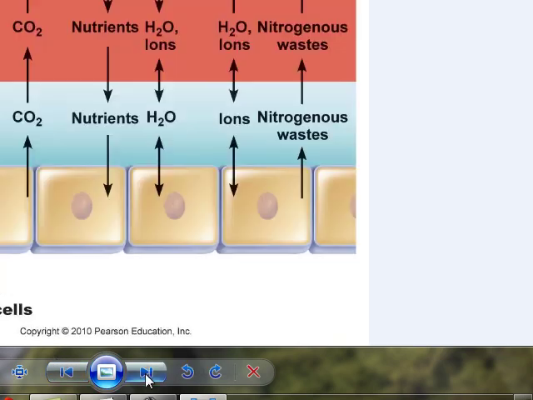So where these ions hang out and the concentration of these ions has a lot to do with movement of fluids in body compartments. So composition of extracellular and intracellular fluid is what we just talked about. Exchange of gases, nutrients, water, and wastes between the three fluid compartments is what we see here in this diagram.